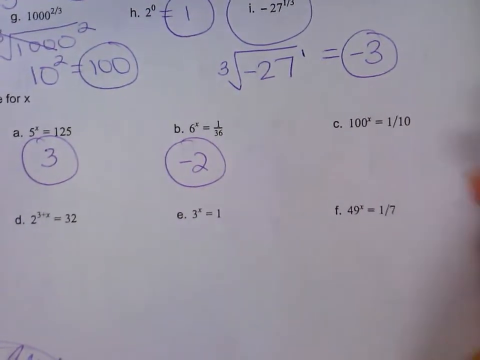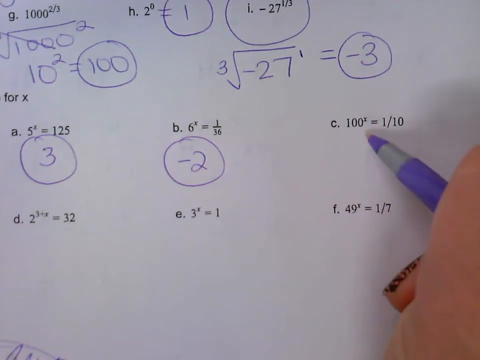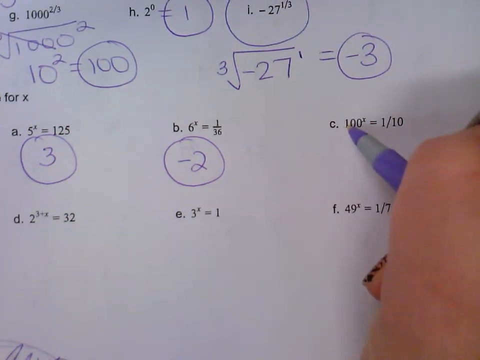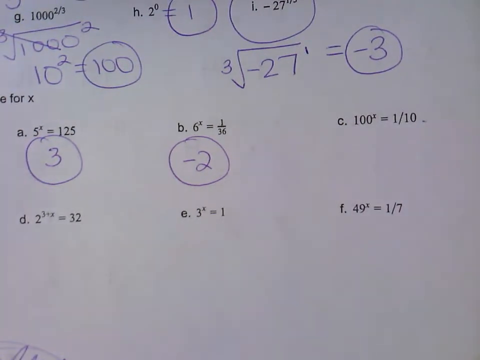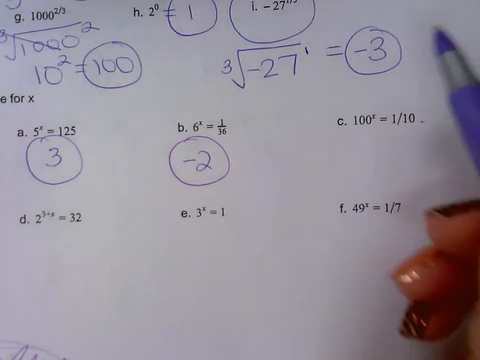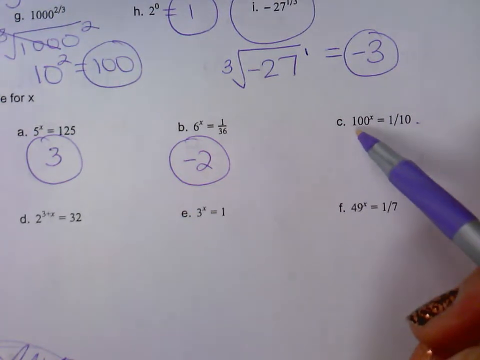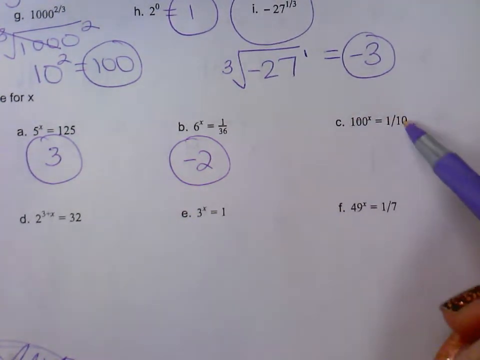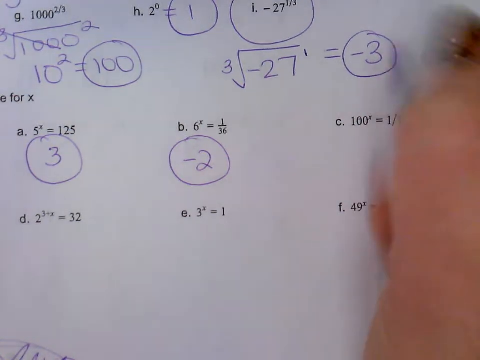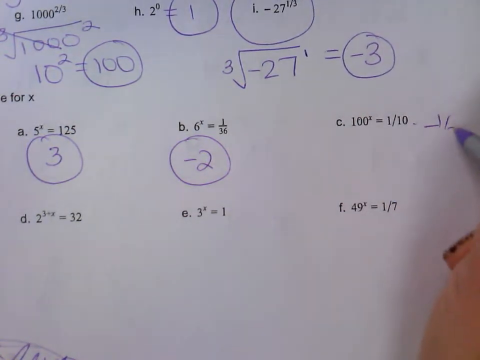This one is tough. How would I go from 100 to just the number 10? Not thinking about the fraction. The fraction just makes the answer negative at the end. It's the 1/2 power is how you go from 100 down to 10 because it's taking the square root of 100. So the answer is negative 1/2.